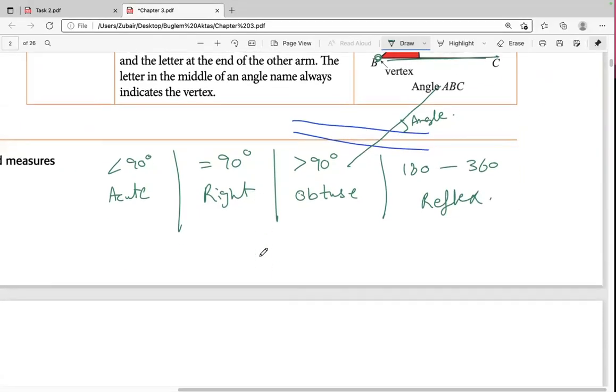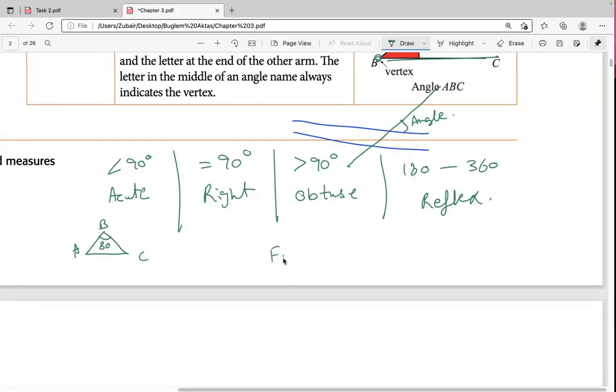For example, let me change this. If I draw a triangle ABC, and I say angle B is 80 degrees. Angle ABC is what? Acute, right, obtuse, or reflex? Acute.